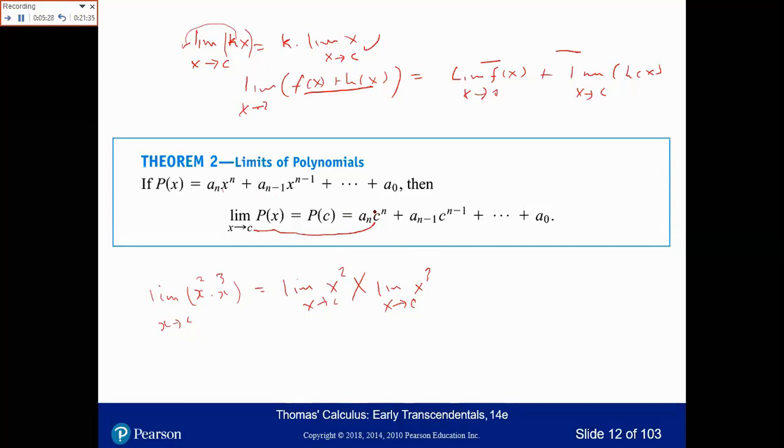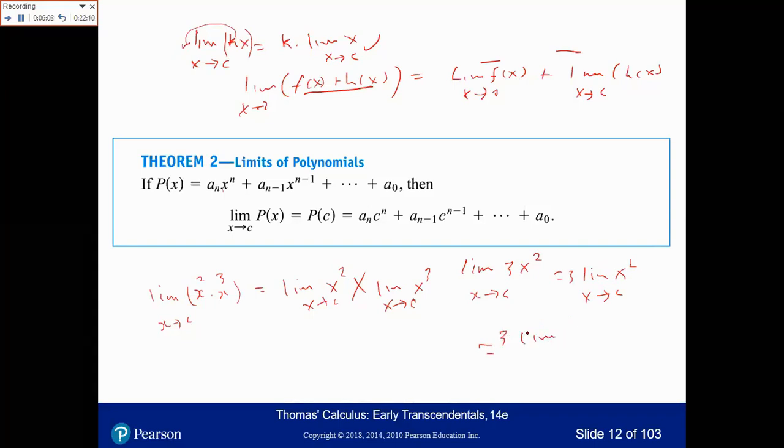Teacher, can we take some examples with numbers? Okay. Limit of 3x squared as x goes to c equal to 3 times limit of x squared as x goes to c, right?